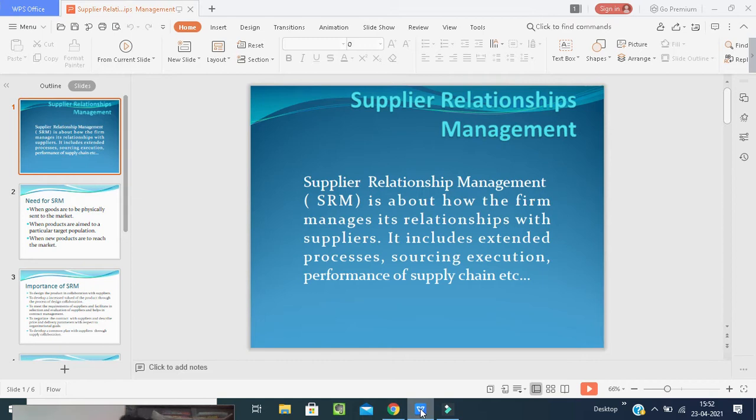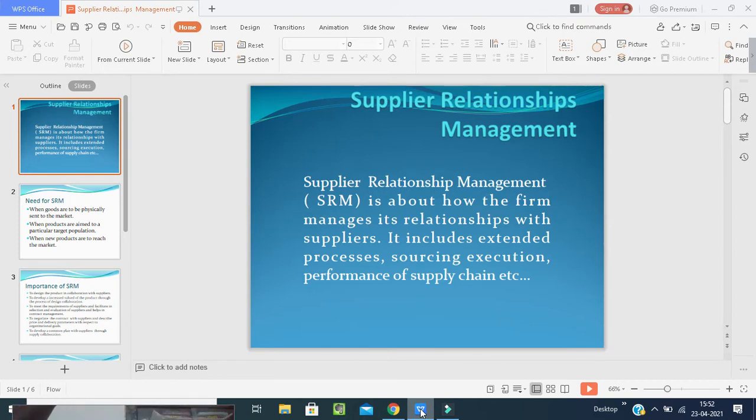Among these three, we are going to start with the first thing, that is supplier relationship management. That means how supply chain management manages the relationship with the suppliers. That is SRM.